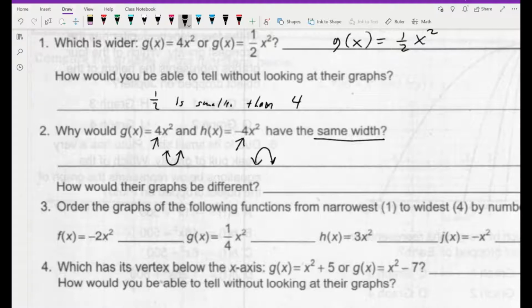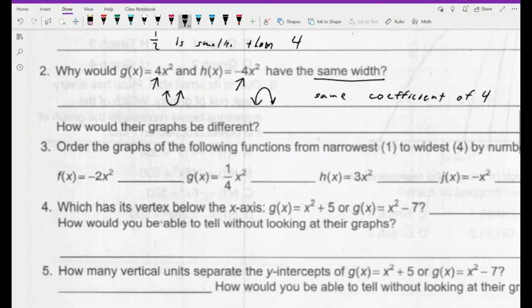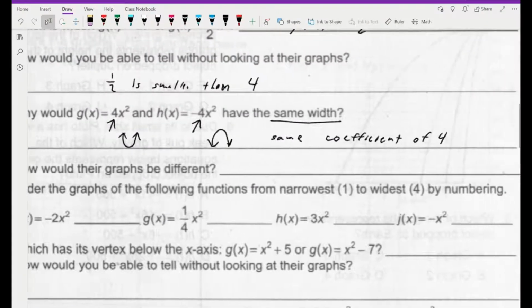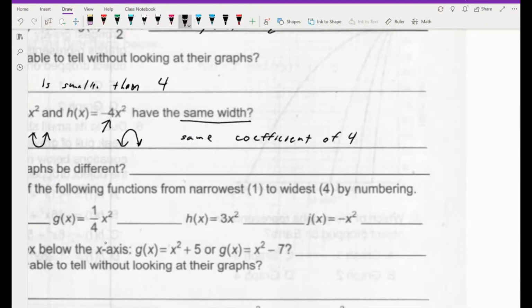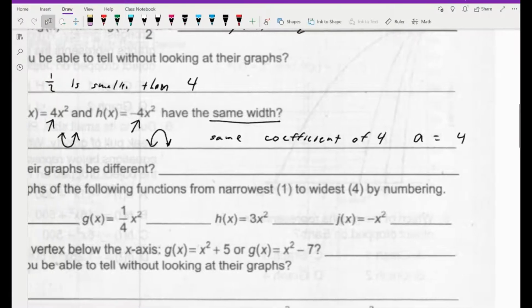But they have the same width, because they have the same coefficient of 4. The only difference is one is opening up and one is opening down. A lot of times this value we call the A value. The A is 4. It's the same value.